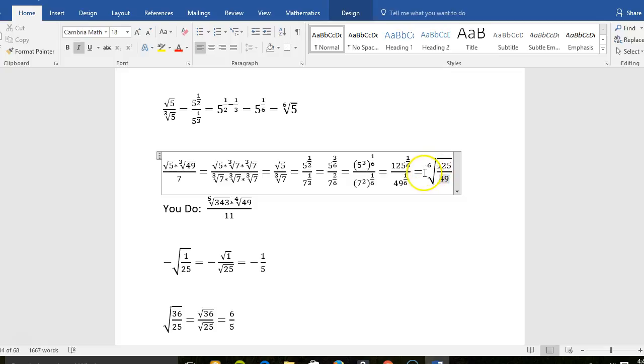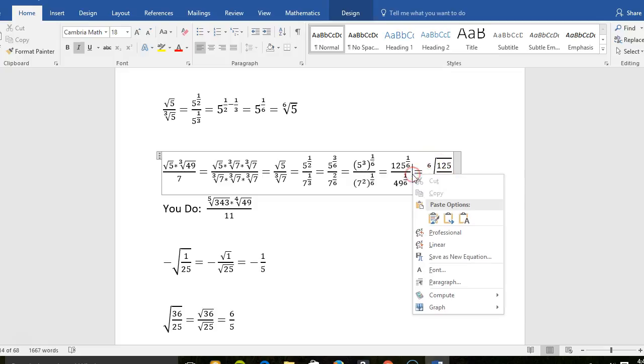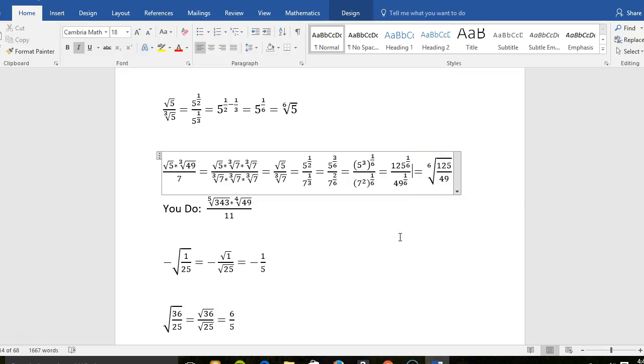Oh, but notice by definition, this is the 6th root of 125 over the 6th root of 49, but by the come together law of radicals for positives, you can do the 6th root of 125 over 49. If it bothers you that I skipped that step, I'll try to insert it. My computer is not acting all that nicely.